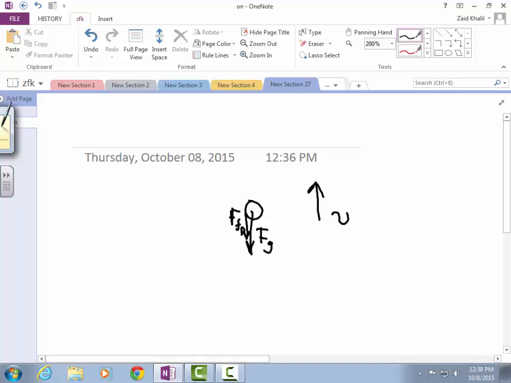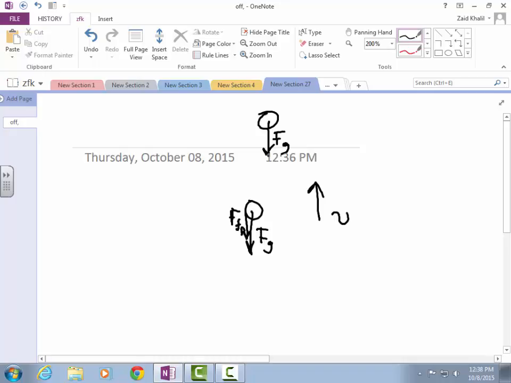When it's at the top of its trajectory, though, what's the force on it? Gravity. So the force of gravity is on it. What's the force of air resistance when it's at the top of its trajectory? Zero. That's right.